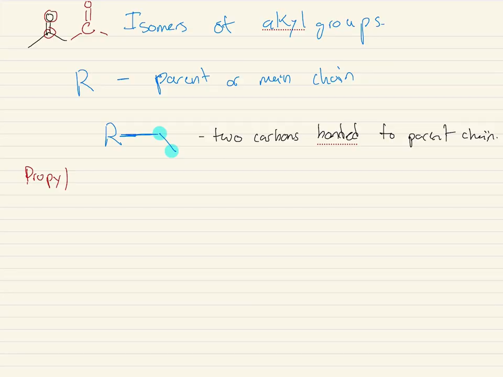Propyl has how many carbons in it? 3. Prop is the prefix for 3, right? So propyl, we have 3 carbons. So we have an R group, and it has 1, 2, 3 carbons bonded to it. Is there any other way you think I could draw this that doesn't violate the octet rule for any carbon without including any double bonds or triple bonds? 3 carbons attached to this R group.